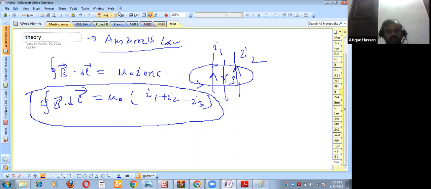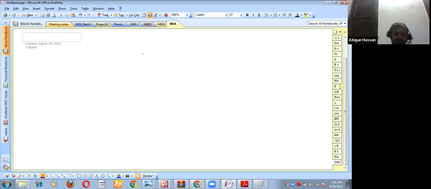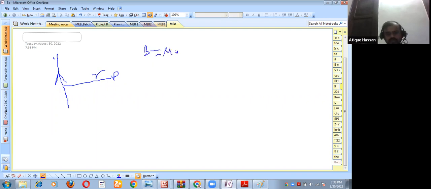How we got B dot dl is equal to this one? All right. So based on Ampere's circuit law, we can do number of calculations, like you can find the magnetic field due to infinite wire, which you may already know, that magnetic field at point P is equal to mu naught I by 2 pi r, which we have calculated by Biot-Savart law also. So for infinite wire, we can also find it using Ampere's law.